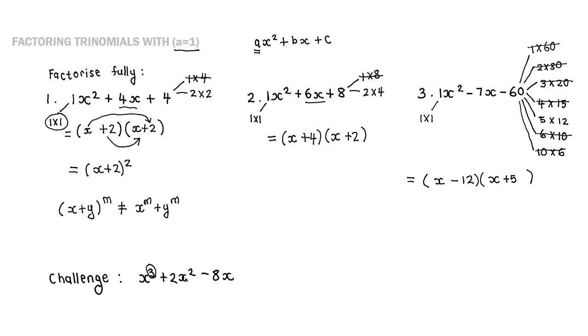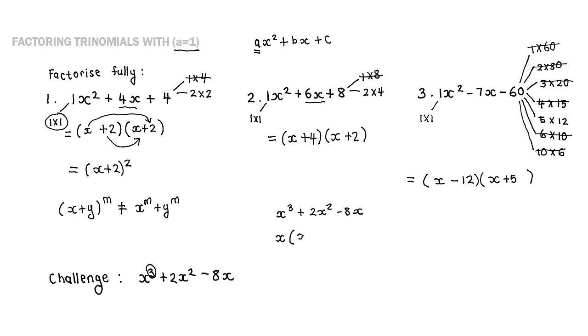I'm just going to rewrite it: x cubed plus 2x squared minus 8x. What we really have here is a common factor of x. That's something that we didn't have in these trinomials over here. There was no common factor that we could take out from all 3 terms, but over here, we can pull out a common factor of x.